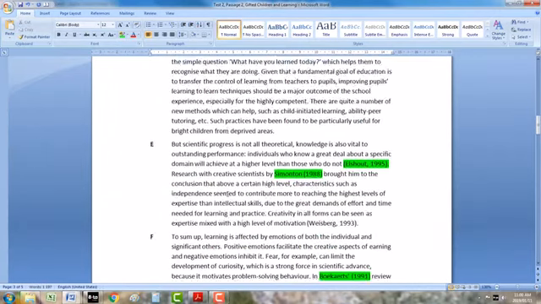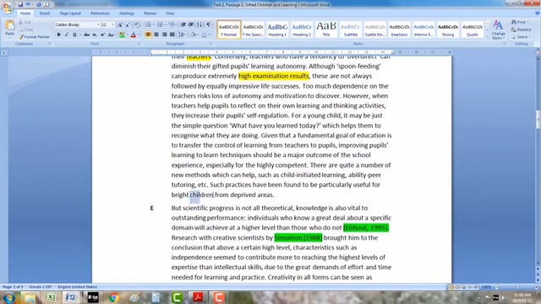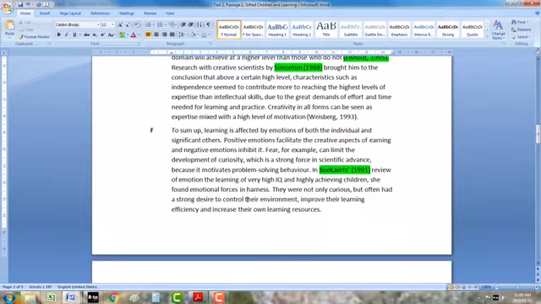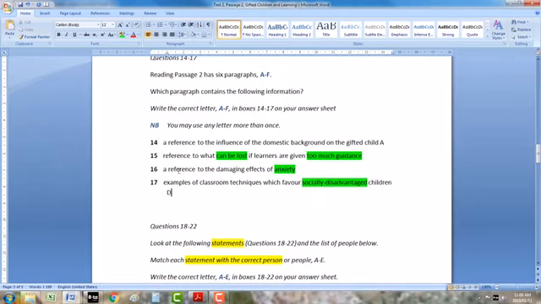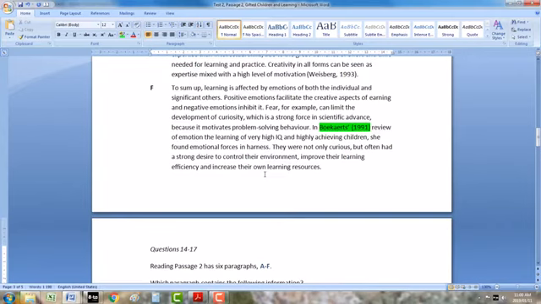Socially disadvantaged children was their children from deprived areas. Deprived means they don't have a lot. So really super difficult. That means that 17 was paragraph D. Damaging effects of anxiety, I couldn't find.